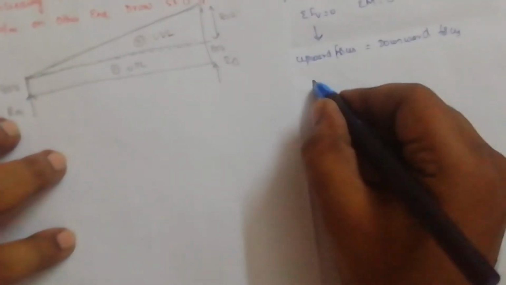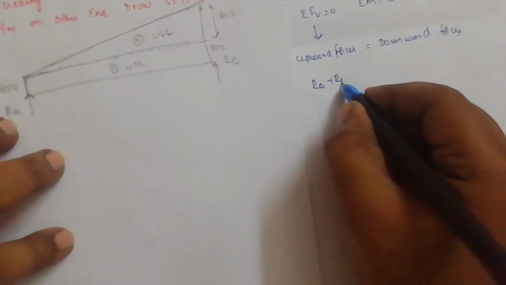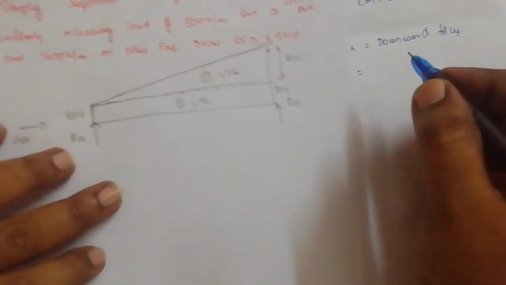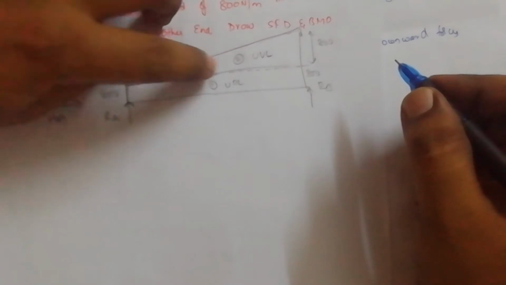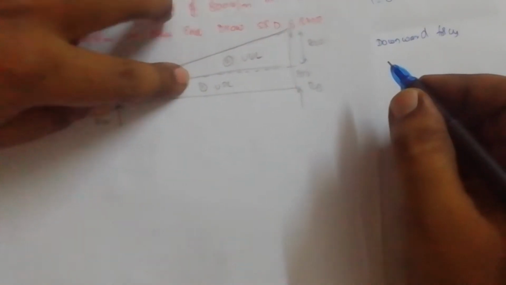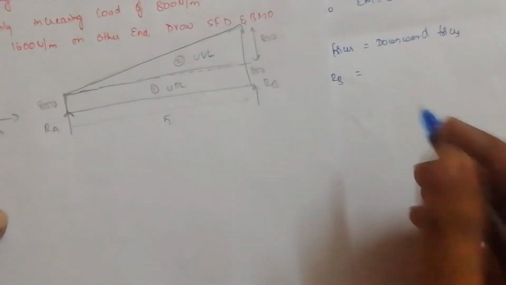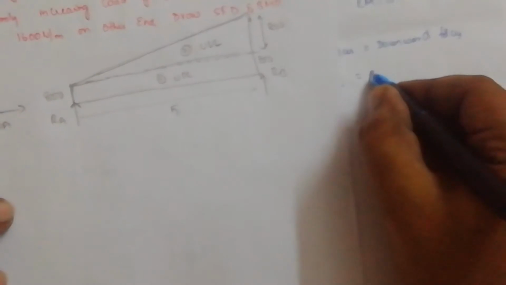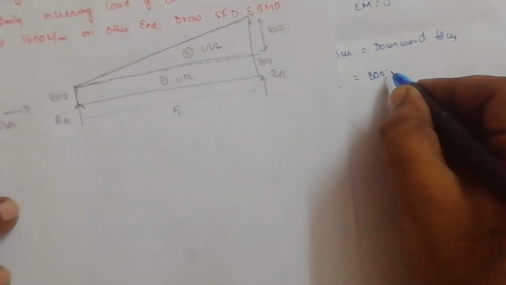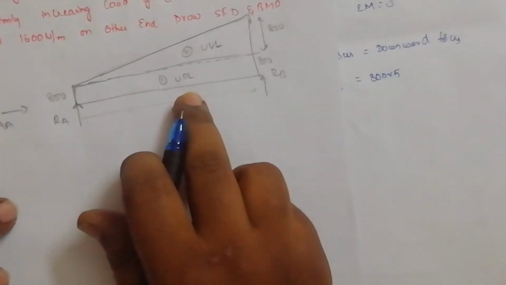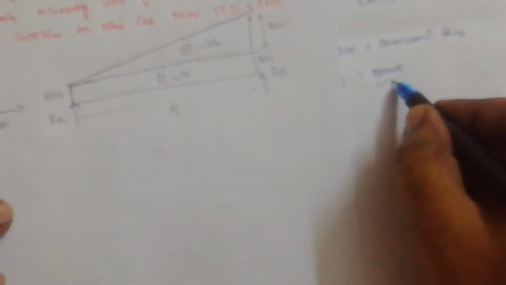So RA plus RB is equal to the downward forces, which are the UDL and UVL. To take the load because of the UDL, you have to multiply with the length, which is given as 5 meters. So the UDL is 800 into 5.